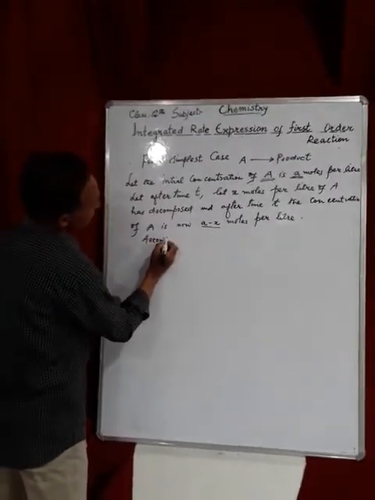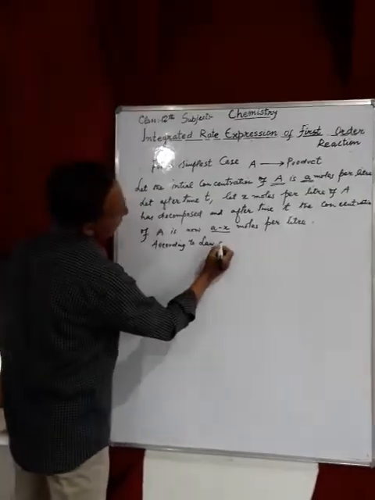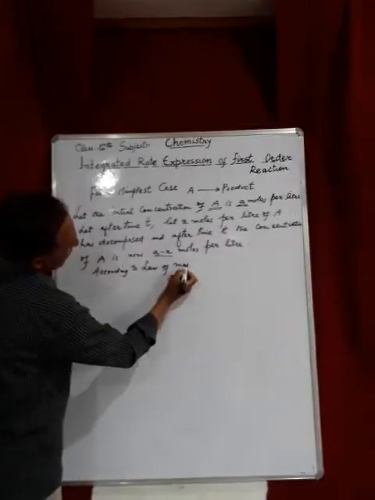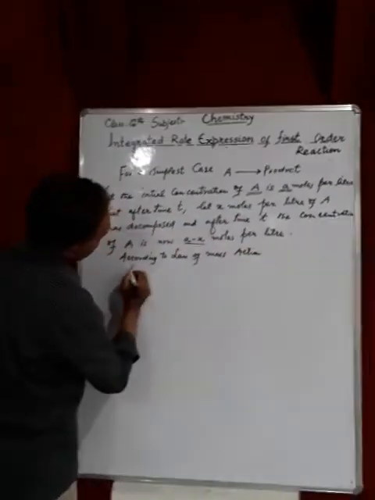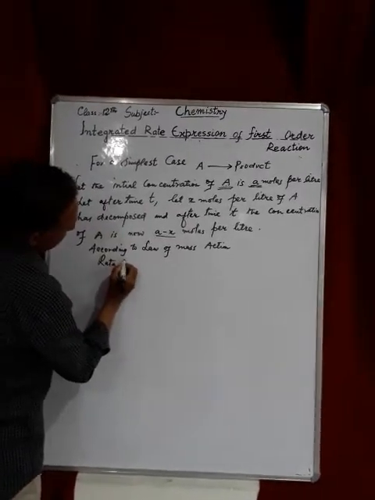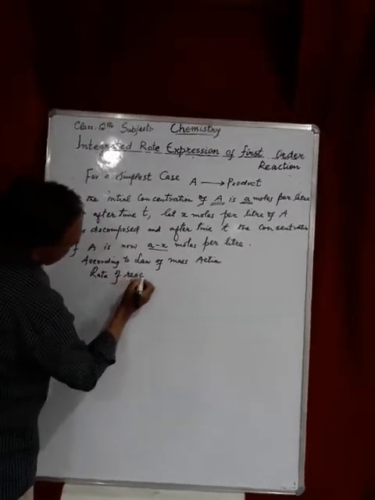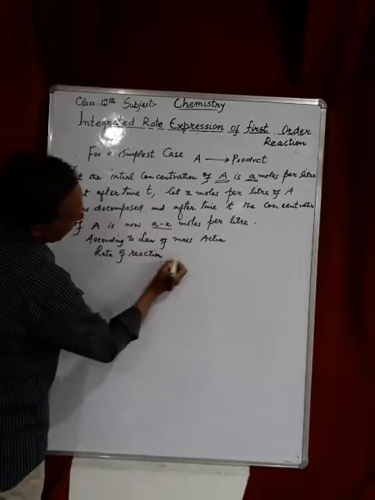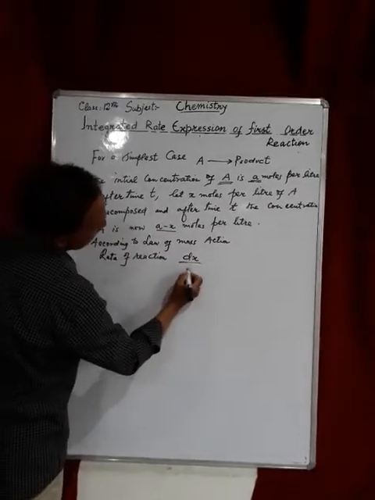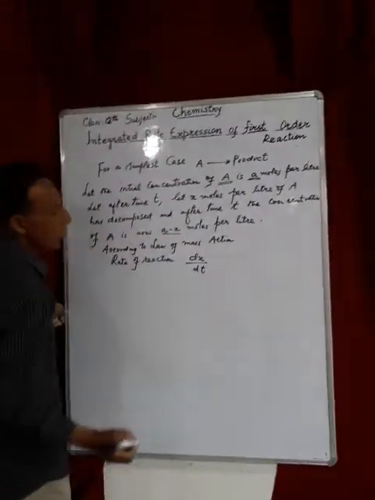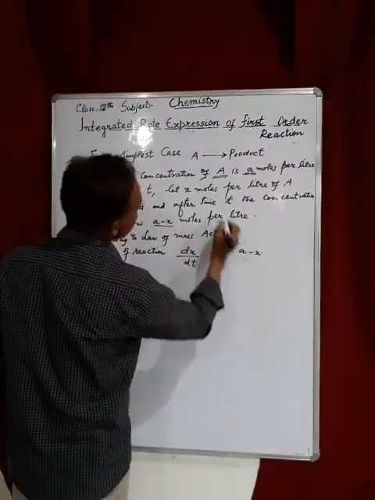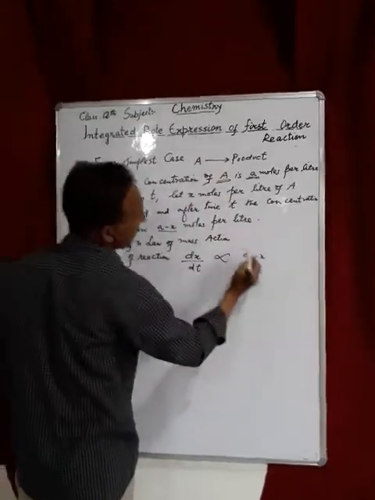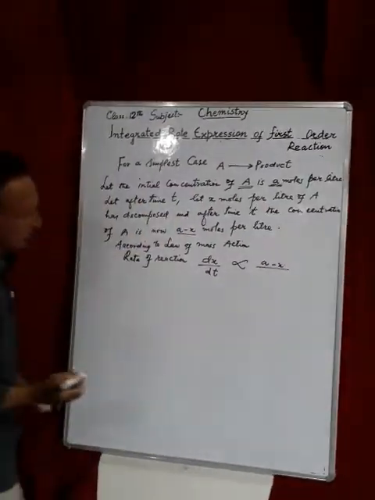According to the law of mass action, the rate of reaction, that is dx by dt, is proportional to the concentration of the substance A after time t, that is a minus x.